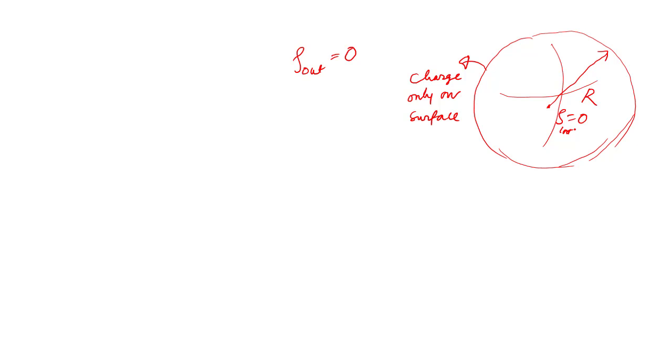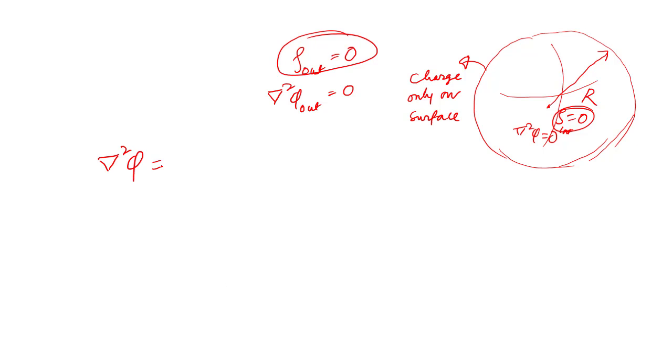And so we can see then that del square phi outside is 0, and del square phi inside is also 0, because there is no charge inside, or there is no charge outside. So what we are going to do is solve this problem using the Laplace equation.